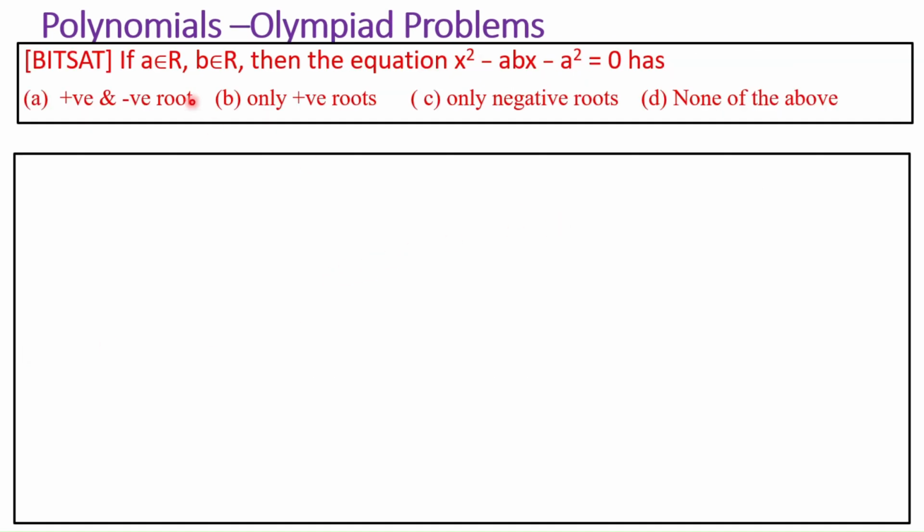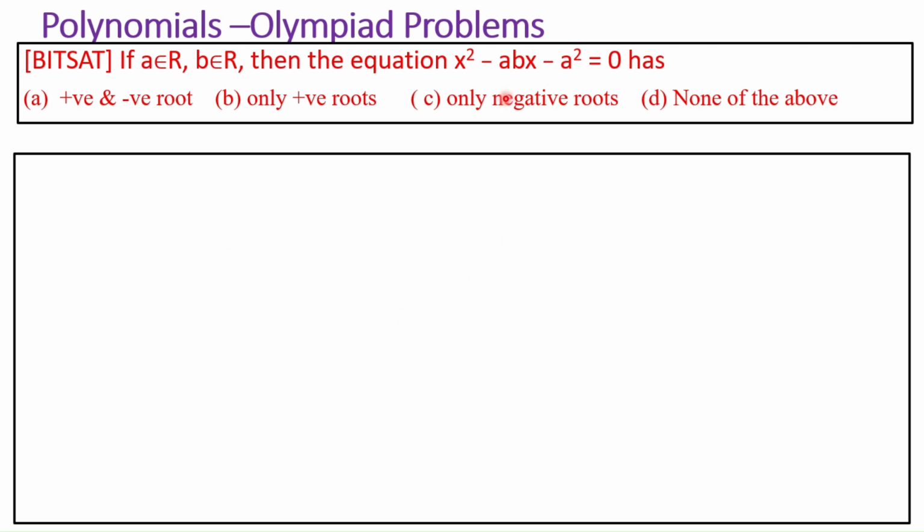This is a BITSAT question. Wherever it came in BITSAT, I'm mentioning it here. This is also a conceptual problem. I chose this because it is very important for 9th class and 10th class students to understand. If your concepts are strong, it is very easy to crack any entrance exam.